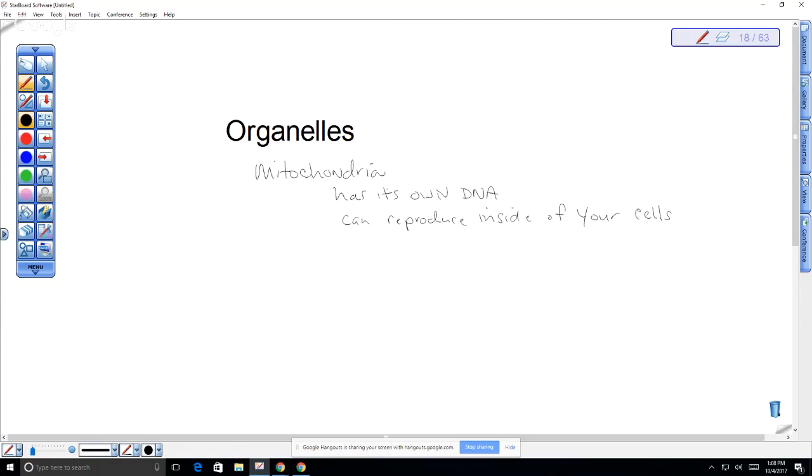The other interesting thing about it is you inherit it from your mother only. So all the mitochondria you have in your body is inherited from your mother, not your father. That's because the mitochondria are found in the egg, but there's no mitochondria in the head of the sperm. They often use the DNA that's in the mitochondria to trace relationships between populations. So if they're trying to figure out how two tribes are related to each other, they might look at the mitochondrial DNA.